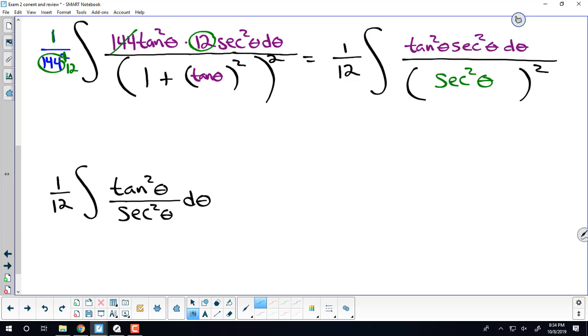All right, so then everybody all right with where we're at? Any questions? So how do we integrate tangent squared over secant squared? Change this into sine squared over, yeah, that all together should be fine.